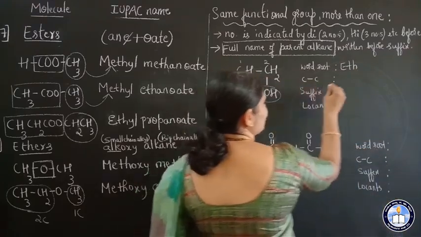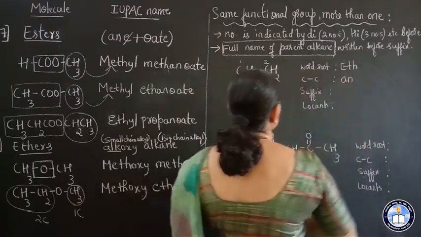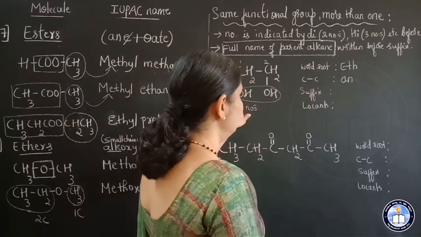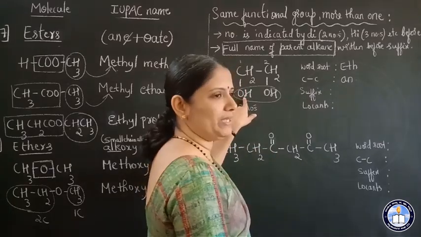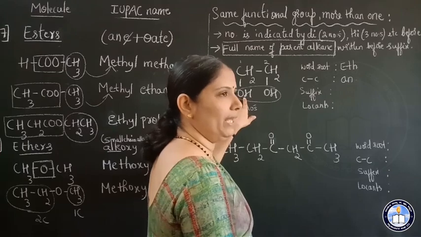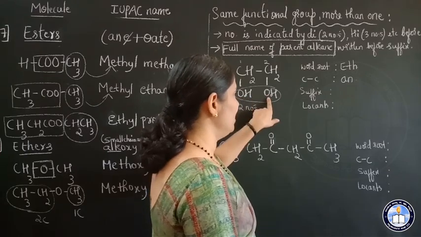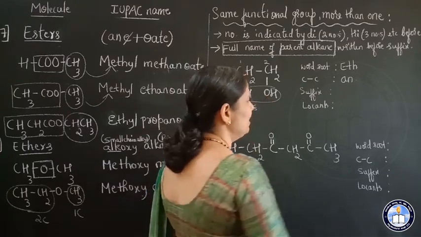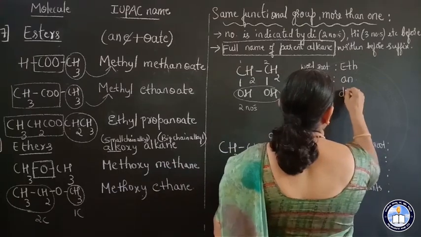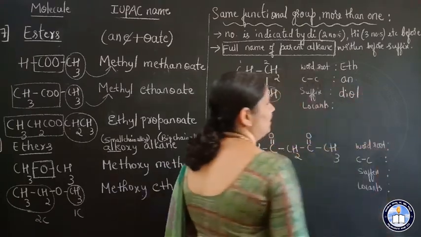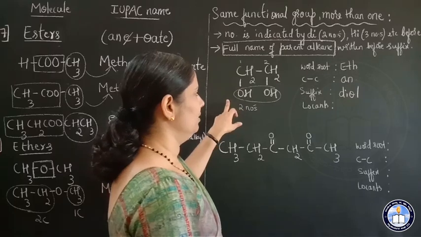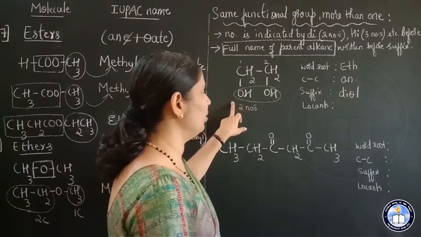So, carbon-carbon single bond, AN. See here, suffix OH group is there. What is the suffix? OL. 2 numbers of the same functional group. Means you have to write diol. Here the suffix is diol.